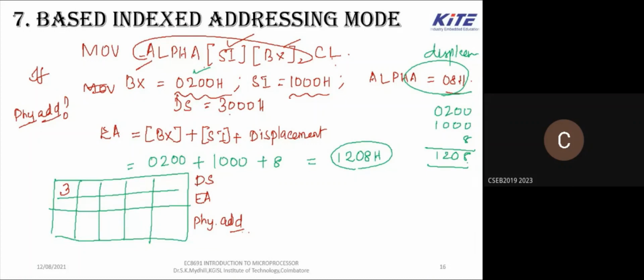No one is attentive. Please answer me. Ma'am, 3000. Yeah, 3000. What is EA now? EA is what we have found, it is 1208. Just shift and write 1208. What will be the physical address now? You should add it. It is 31208. Are you clear now?